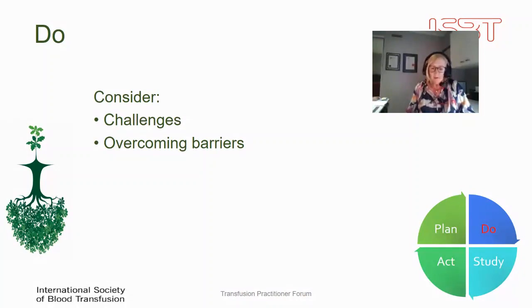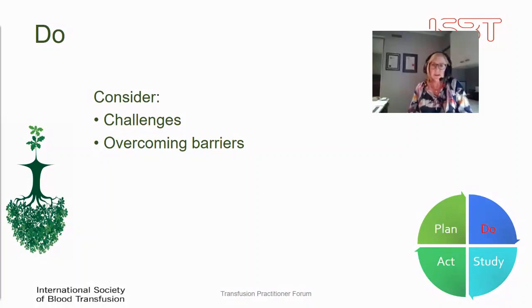To help you overcome the barriers, you might seek help from a colleague. You might have colleagues in other departments. You might have an IT guru that can help you. You might have your mentor or your direct report that can actually help you overcome some of the barriers that you might have. And acknowledge that due to limitations, sometimes we can't always get all the data we want, and that might be an issue in some health services.